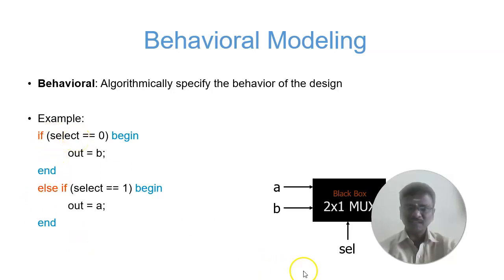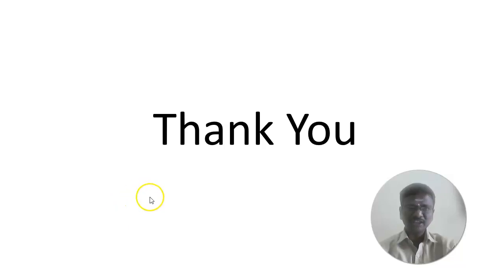For example, if the select line equals 0, then output B will be selected, and else if the select line equals 1, then output A will be selected. So that's all about this. Thank you, one and all, for the patient listening.